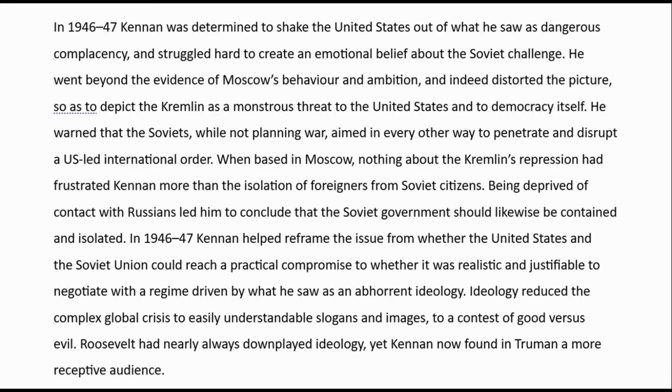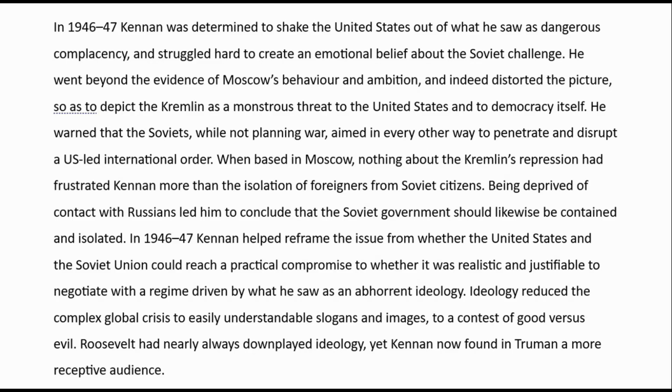Being deprived of contact with Russians led him to conclude that the Soviet government should likewise be contained and isolated. In 1946 to 47, Kennan helped reframe the issue from whether the United States and the Soviet Union should reach a practical compromise to whether it was realistic and justifiable to negotiate with a regime driven by what he saw as an abhorrent ideology.